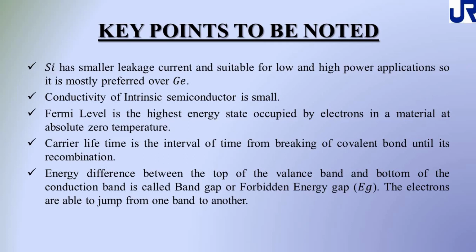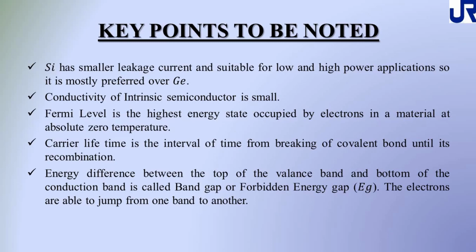Then, what is the energy band gap? It is the energy difference between the top of the valence band and the bottom of the conduction band. How does this occur? After breaking the covalent bond, electrons will move from the valence band to the conduction band.